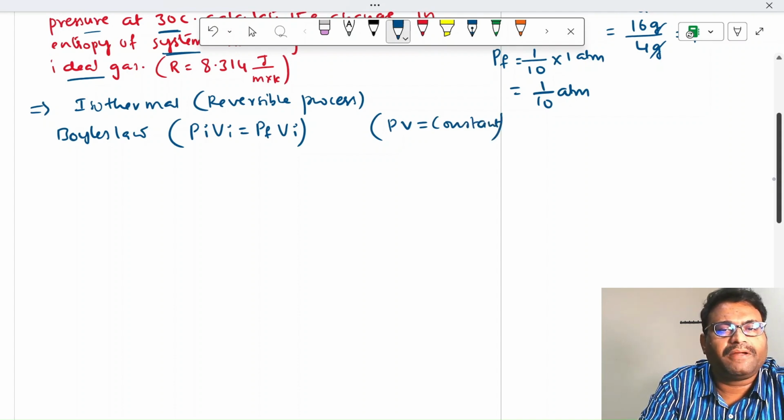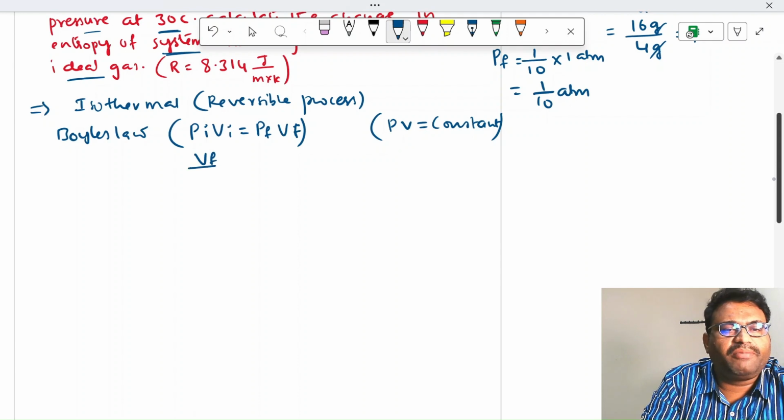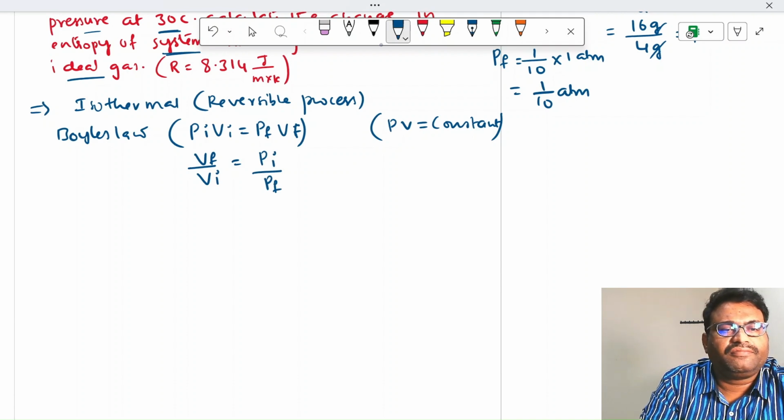So V final by V initial gives you P initial by P final. Boyle's law describes the relation between pressure and volume at constant temperature.